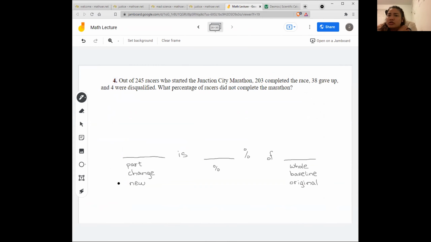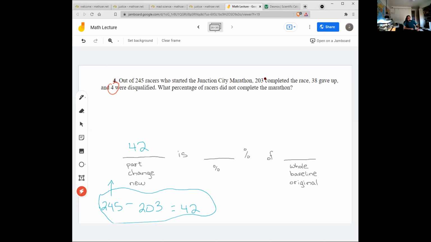Are you gonna minus the 245 minus 203? Yeah. Some people might have added the 4 and the 38 going that way. It's either way. This is the total number of people that didn't complete it for one reason or another.